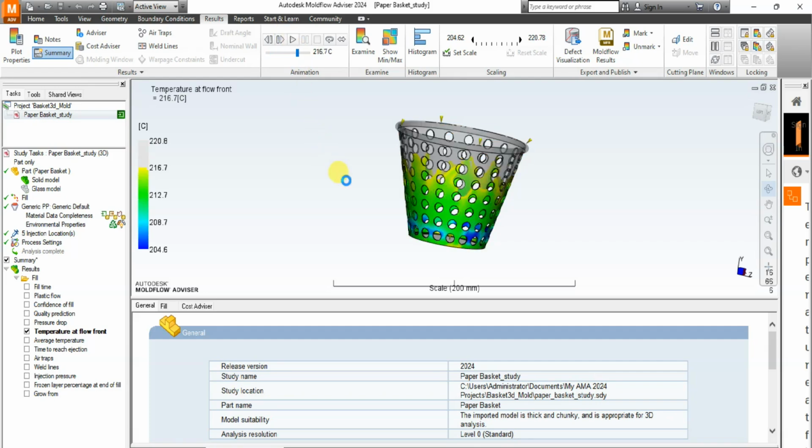If you observe, this is coming from bottom to top, and the measurement there is in degrees since it's temperature. Now as shown in this specific project that we're working on for this particular case study, the temperature at flow front uses a range of colors. You can see the range of colors there, blue to green and upward to yellow and red respectively.